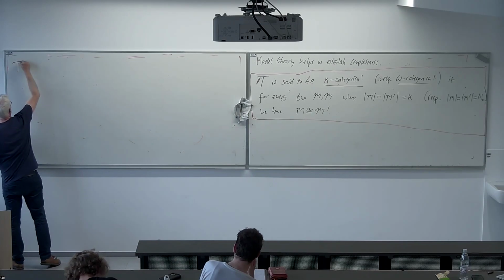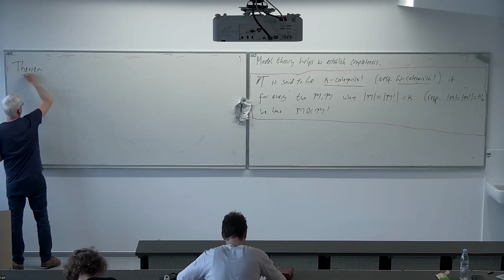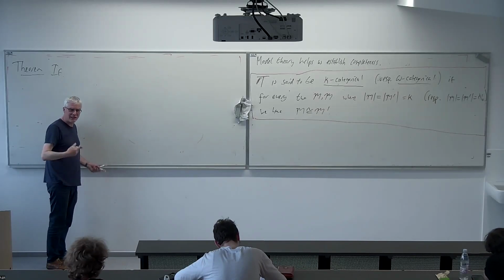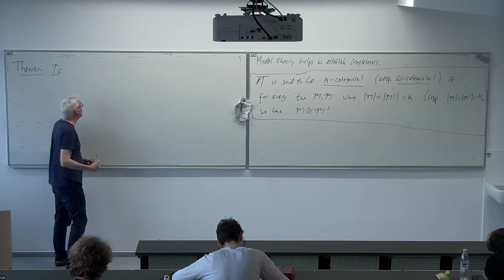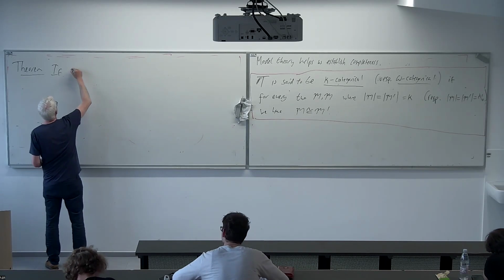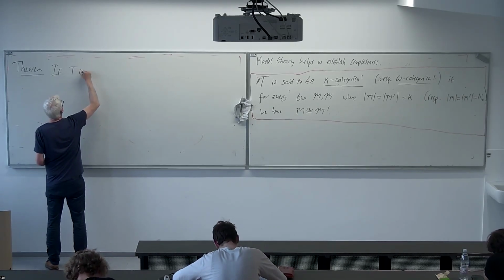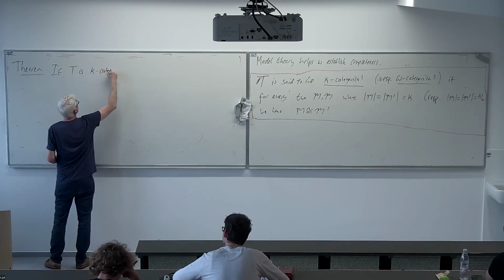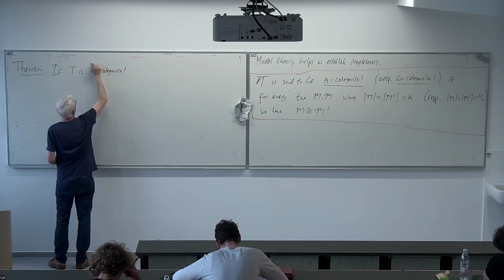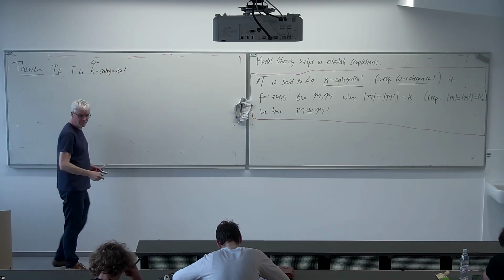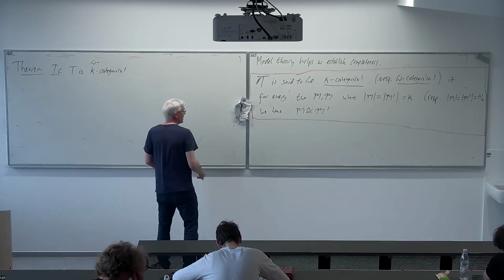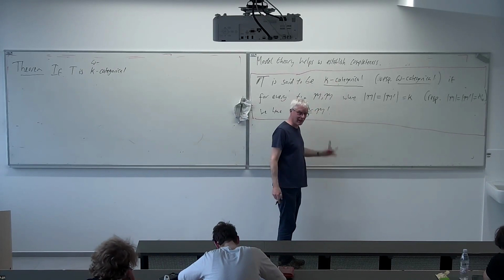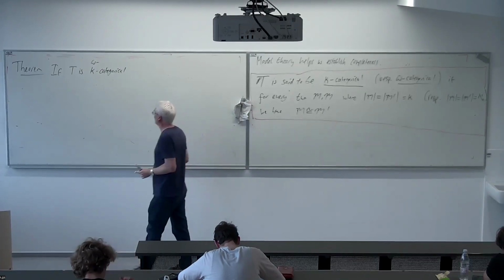The theorem is that if T is kappa categorical, then something holds. Omega is just a special case. If it's omega categorical, then it's kappa categorical, but kappa equals aleph 0.